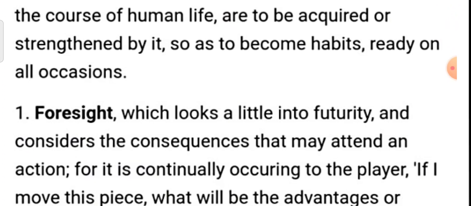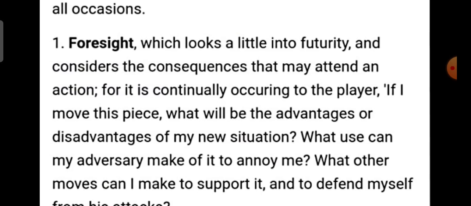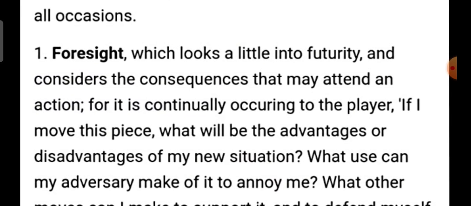We learn many things from the game. Now first what we learn is foresight. What is foresight? Which looks a little into futurity and considers the consequences that may attend an action.